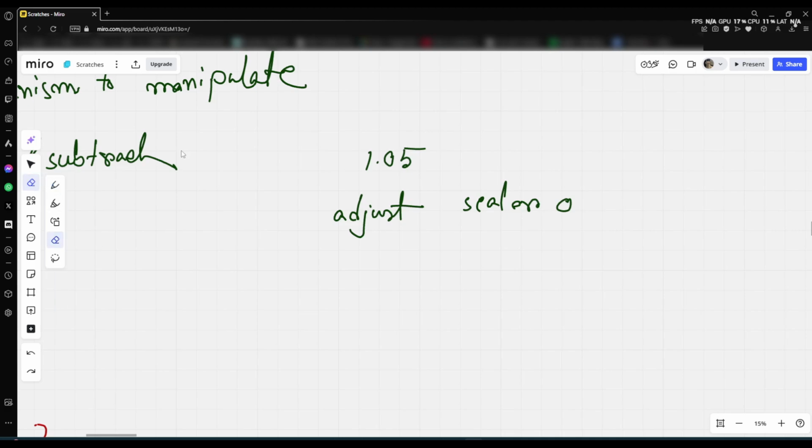Now if we want to adjust it, we have to perform the scalar matrix multiplication, and this factor will get multiplied to every element. Thus we will have adjusted prices based on inflation.